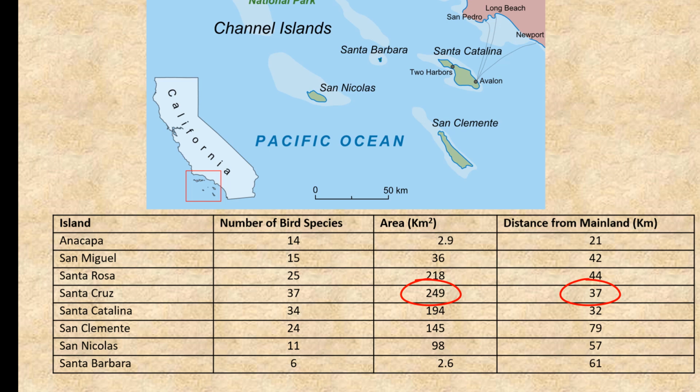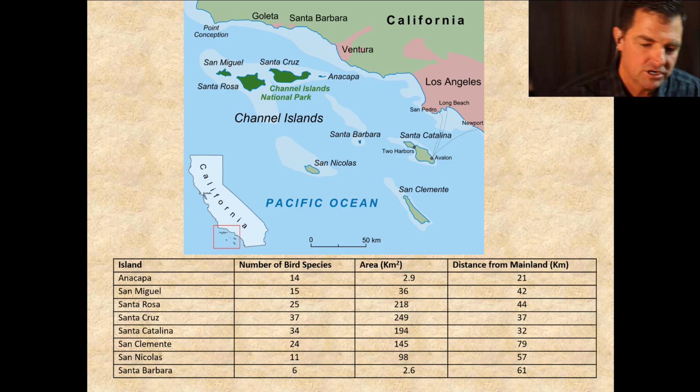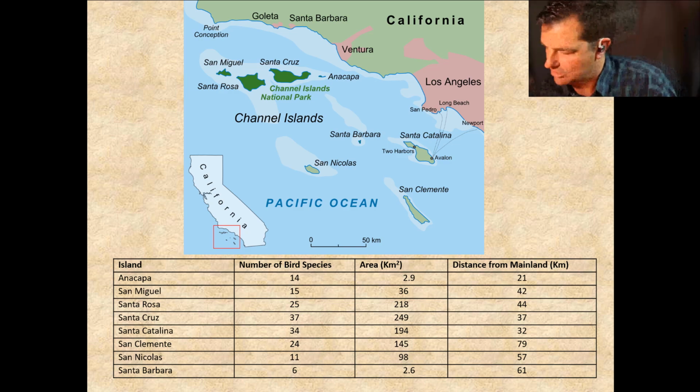If we look at the actual data for the number of bird species, Santa Barbara Island has 6 bird species and Santa Cruz Island has 37 species. So the distant small island with 6 species has significantly fewer birds than Santa Cruz, which is a near large island.